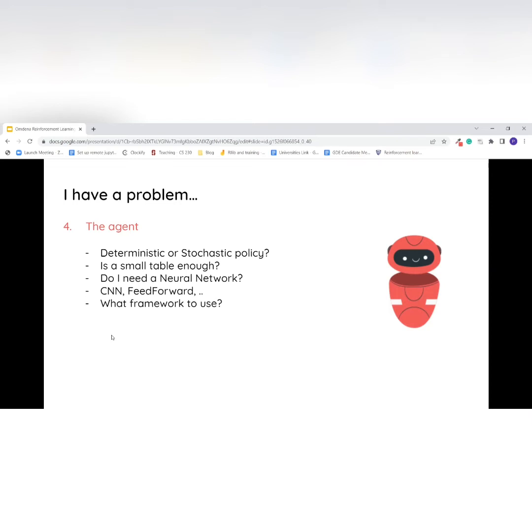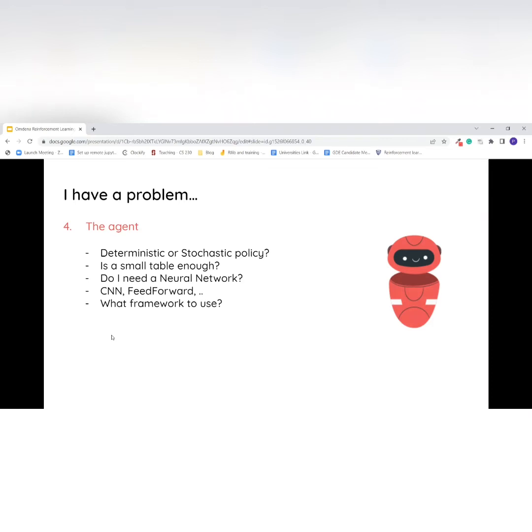Would having a small table be enough? Using a table is one of the really famous algorithms in reinforcement learning, which is Q-learning, where we store information about episodes in tables. But it faced a problem: when we have a big number of states, we cannot store everything in a table, because the table will just explode, and it will also take a lot of storage.